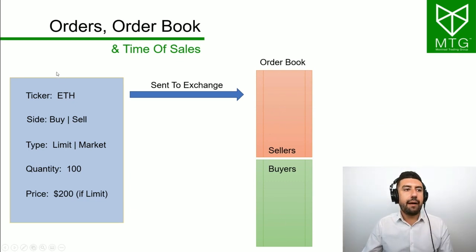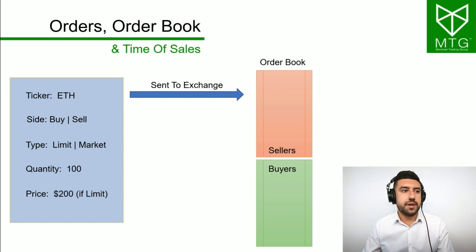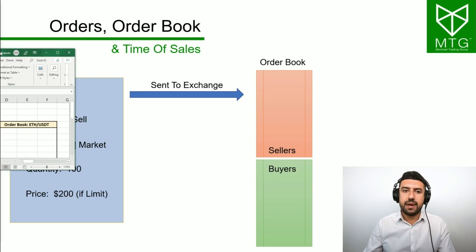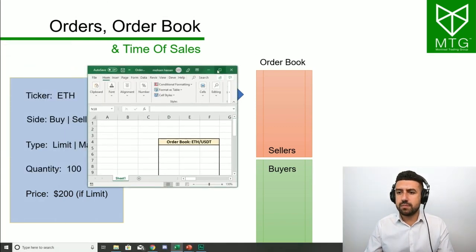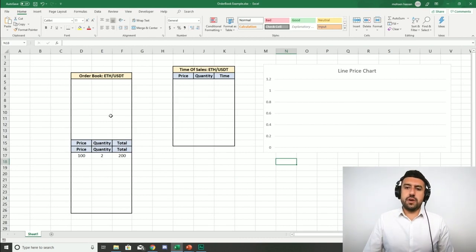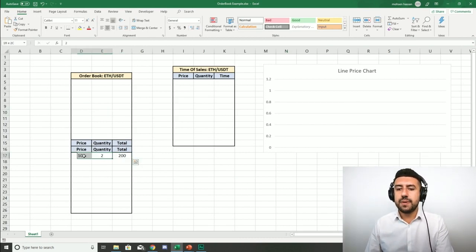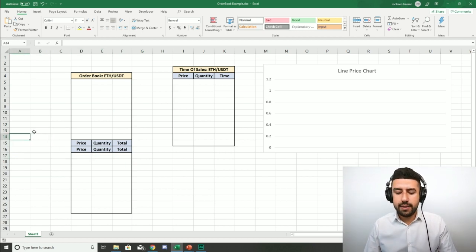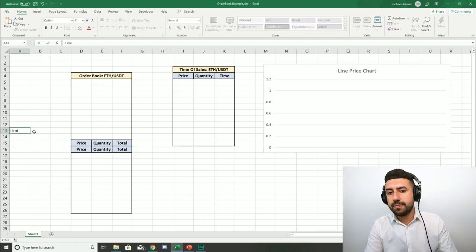Okay. Now, how this works, I'm going to show here through an Excel sheet. And I'll actually put this Excel sheet in the resources section of this lecture if you want to play around with it. And this is how it works. So let's say you're going to send a limit order.